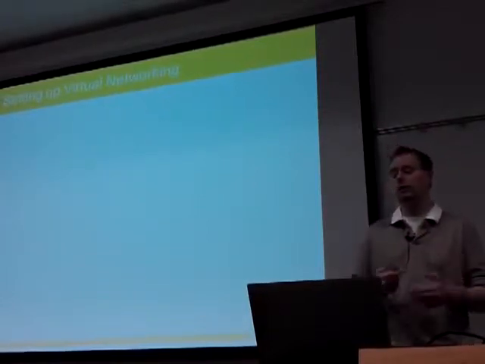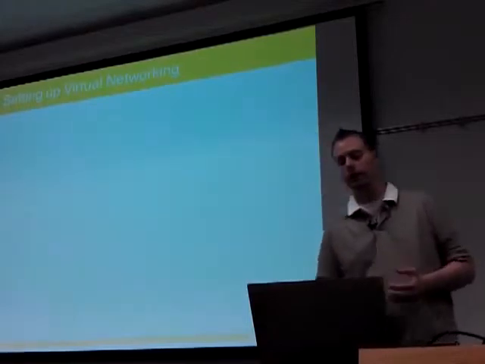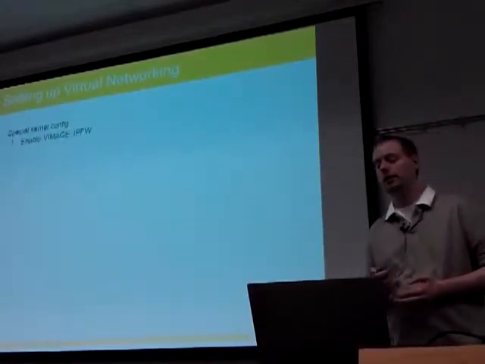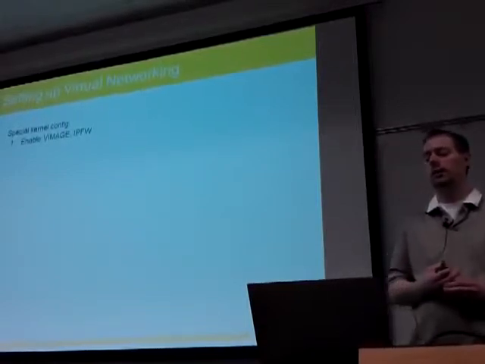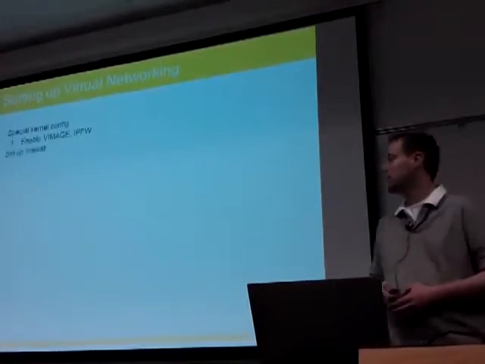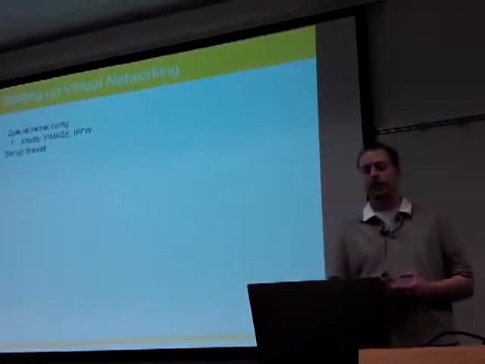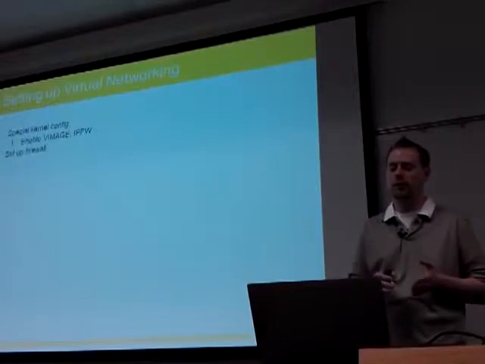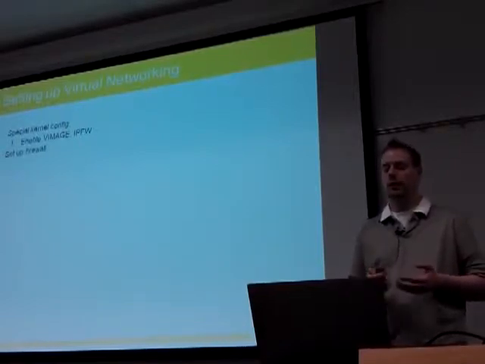So now we're going to dive into how to get this stuff set up. You need a special kernel configuration. In your kernel configuration, you need to enable VIMAGE and IPFW, and you need to set up your firewall. I don't think a firewall is 100% necessary.